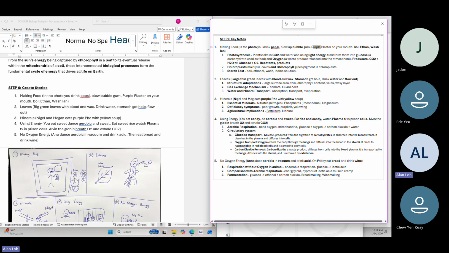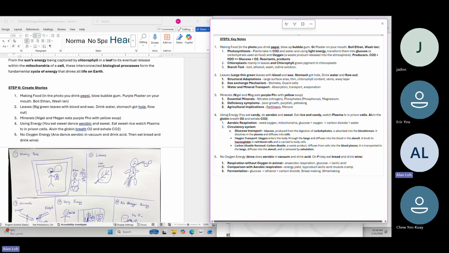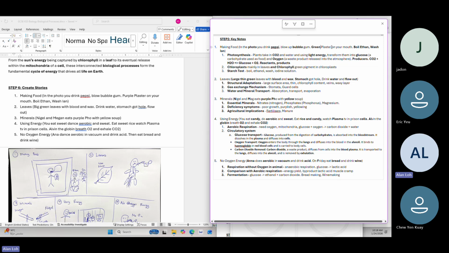Then the purple plaster. Purple plaster is to help us, no, it's not purple plaster. Maybe I should put green plaster. Green plaster helps us remember the chloroplast.